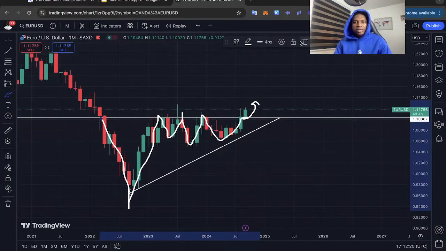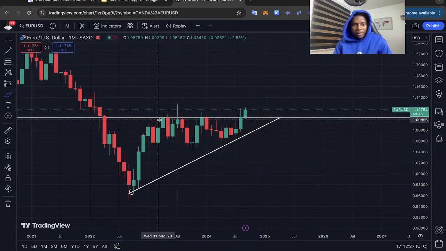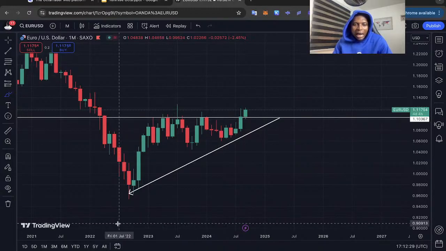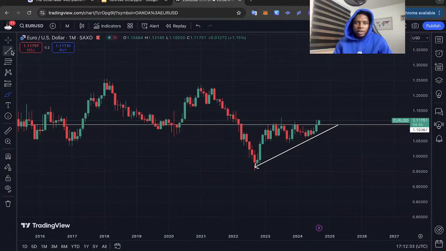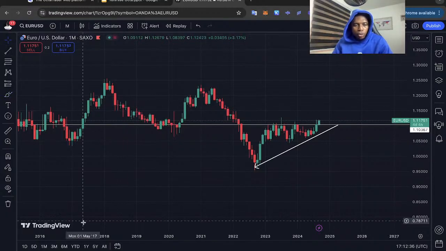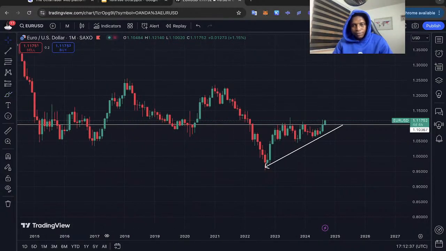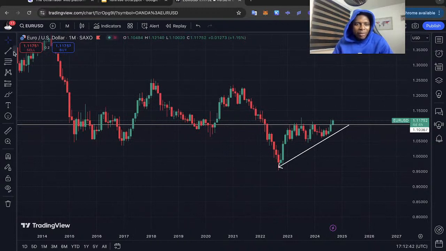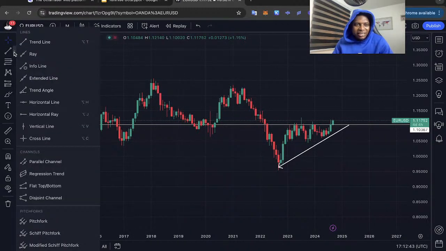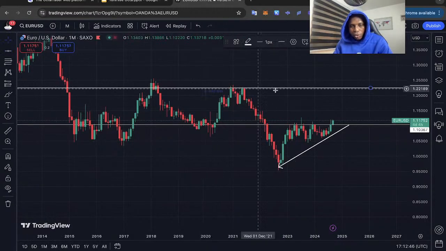Now this only means one thing, right? This breakout from this higher time frame will lead to more buy momentum on EURUSD, and that can mean that our next target level would be this zone.